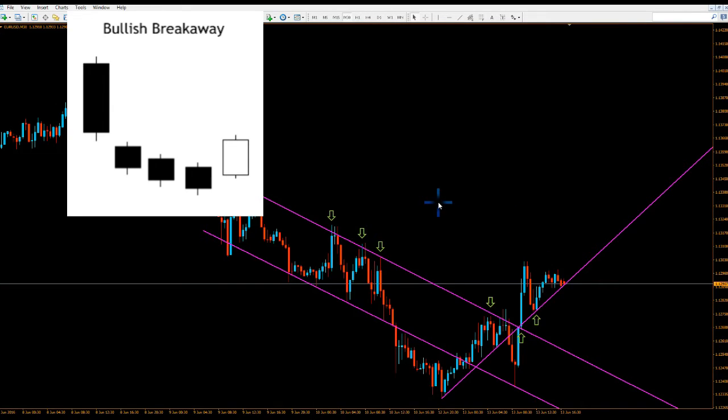Bullish breakaway. This one consists of 5 candlesticks, as you can see in the picture here. 4 bearish candlesticks represented by the black candlesticks. So 1 large, and then it kind of slows down. If you are familiar with volatility and volume, you know that bigger candlesticks mean bigger volume.